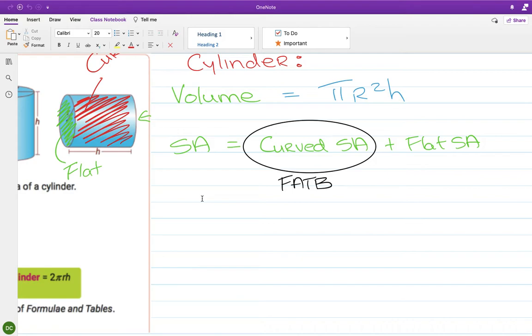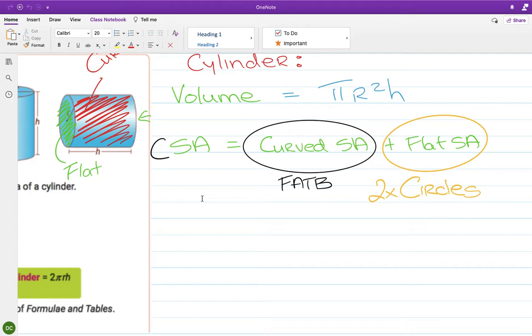Technically they do give you the flat surface area, because the flat part of a cylinder is just a circle. Well, actually it's two circles. So when you look up the formula for surface area of a cylinder, it actually gives you CSA, which is curved surface area.